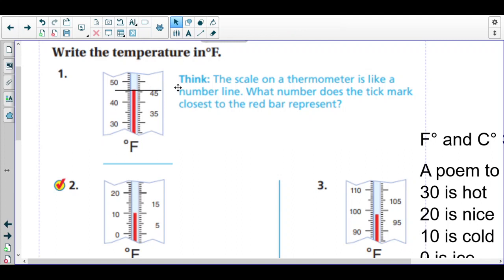Maybe just a tad bit up. Just a little bit. And it looks like it's one mark above the 45. So to me, that looks a lot like 46 degrees. 46 degrees. And then we want to clarify it as Fahrenheit.